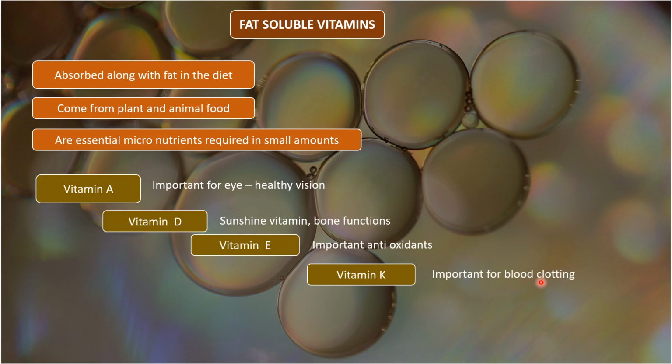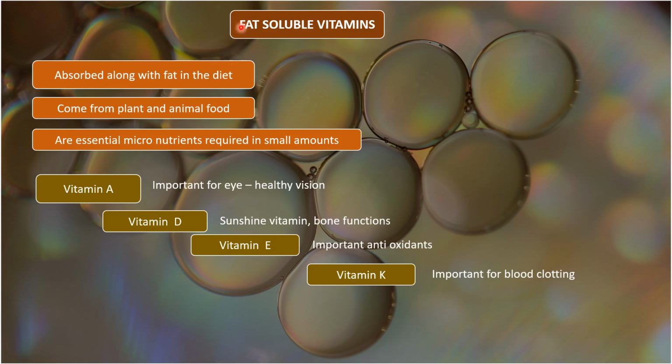So we saw that cephalins work in blood clotting. Likewise, vitamin K also works with thromboplastin in blood clotting. We need to know that these fat soluble vitamins, as these are fats, can be stored in your body if we take enough vitamins, right?